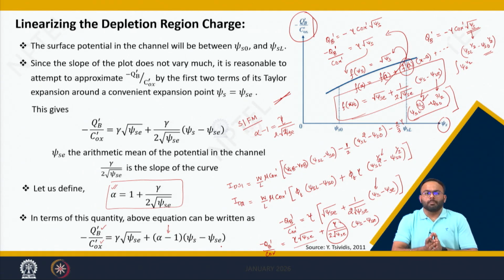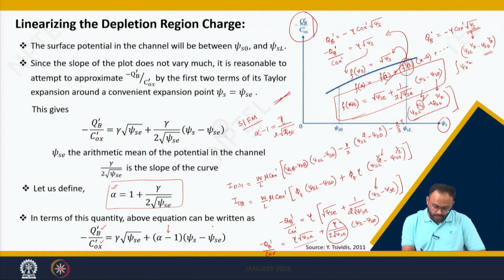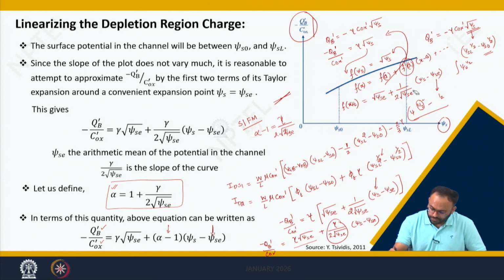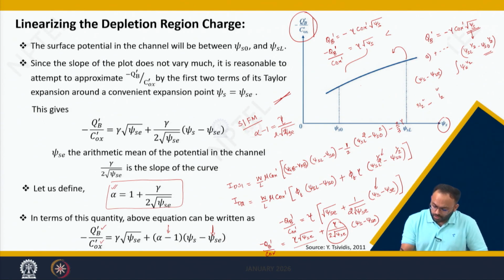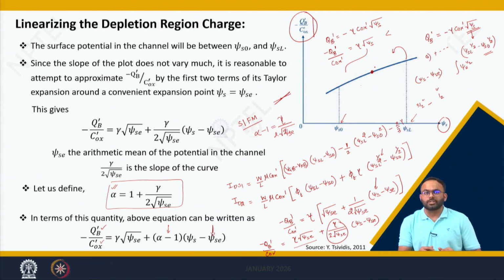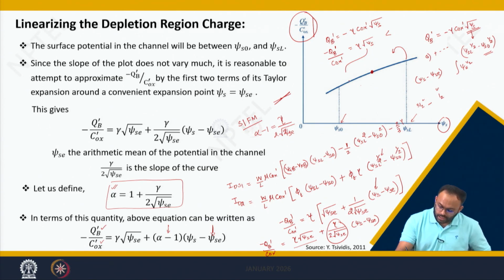Here it is important to note that psi SE is not the potential between psi S0 and psi SL. It is just an expansion point. If you plot this graph, then you will find that between psi S0 and psi SL, I am choosing a point which is an expansion point. So, this is not the physical potential, it is an expansion point around which we are linearizing the system, correct?